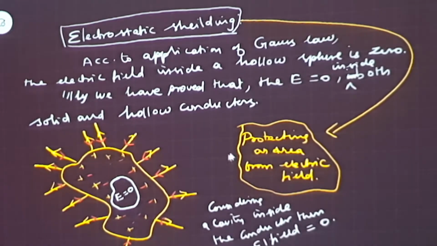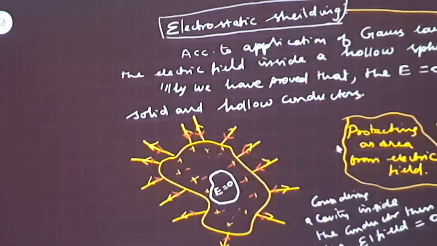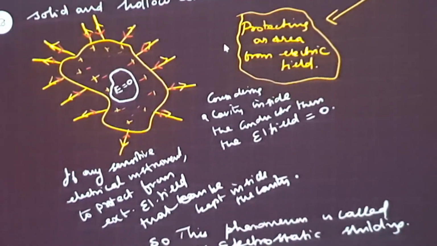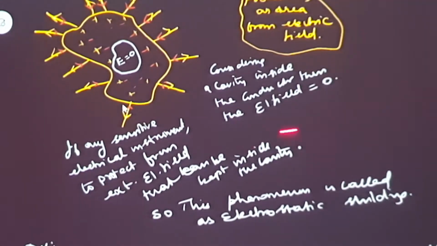If any electrical instrument which is sensitive to external electrical disturbances is placed inside this cavity, it is found to be unaffected. So if we consider a cavity inside the conductor, the electric field inside is zero.